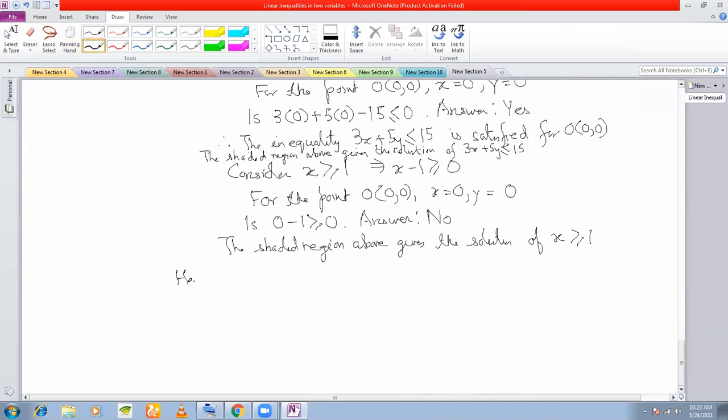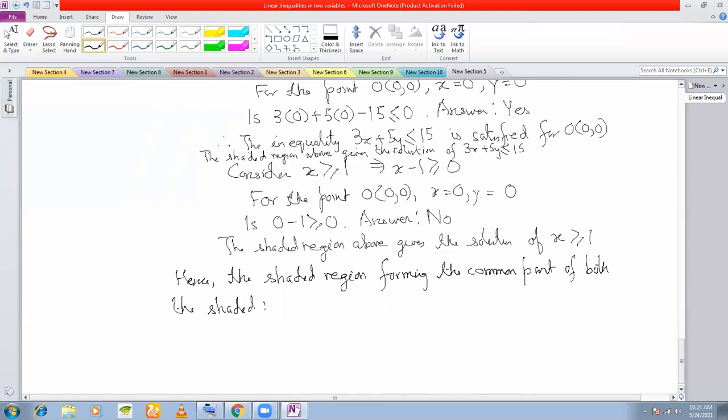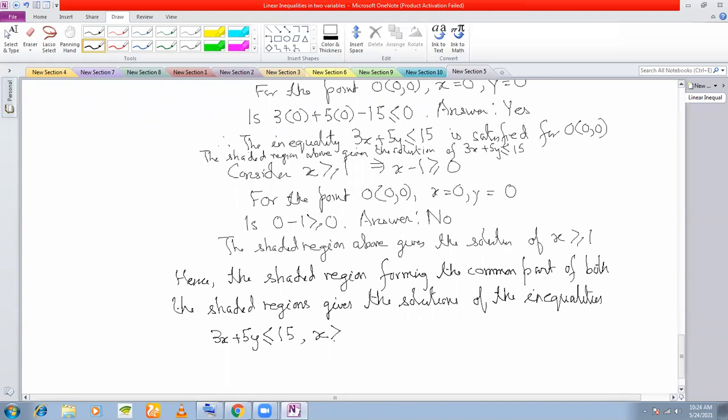Hence, the shaded region forming the common part of both the shaded regions gives the solution of the inequalities 3x plus 5y less than or equal to 15, comma x greater than or equal to 1.